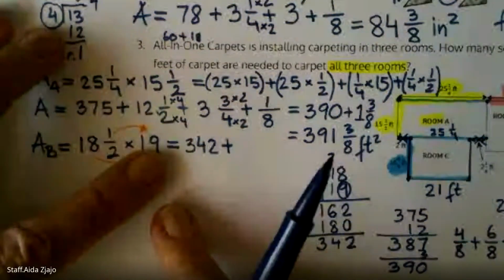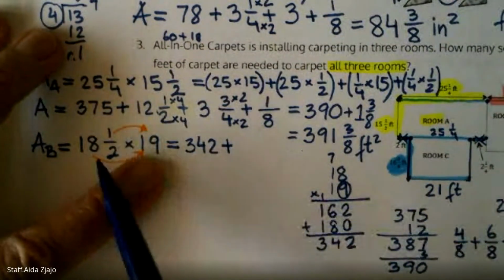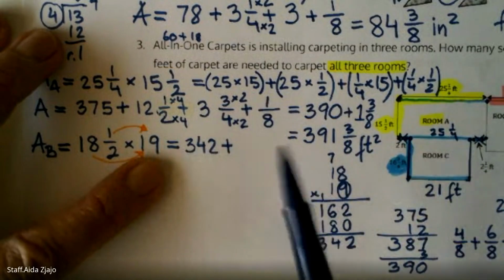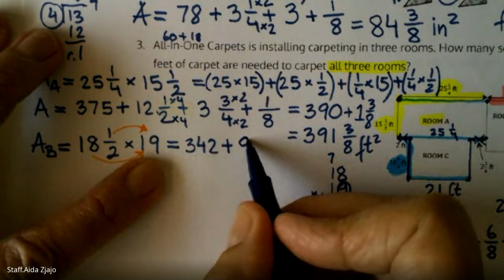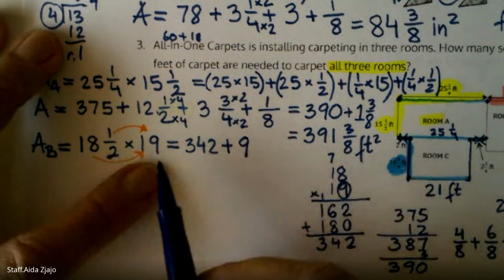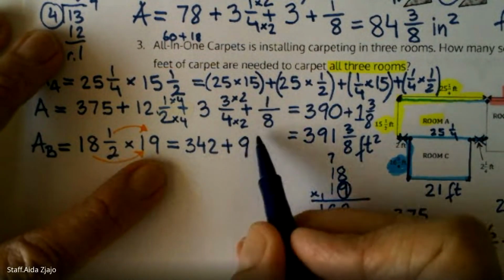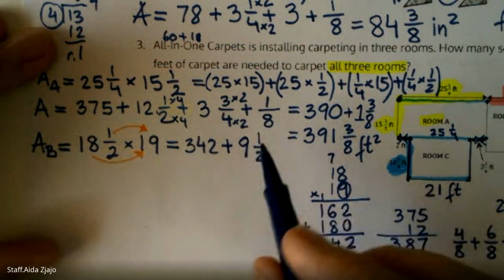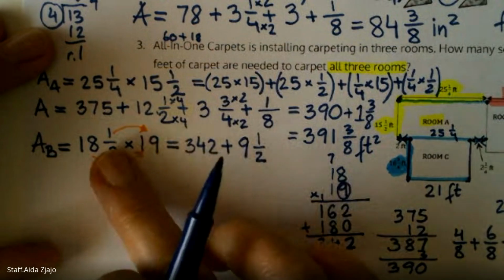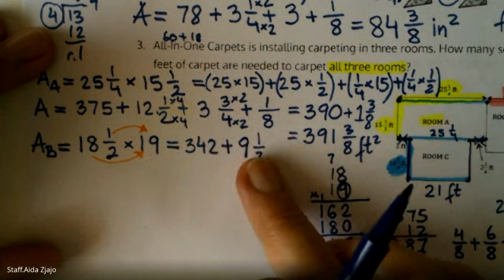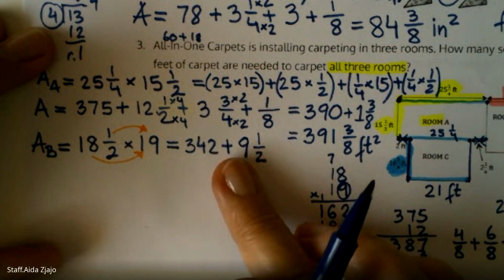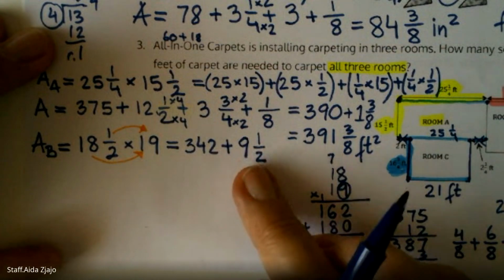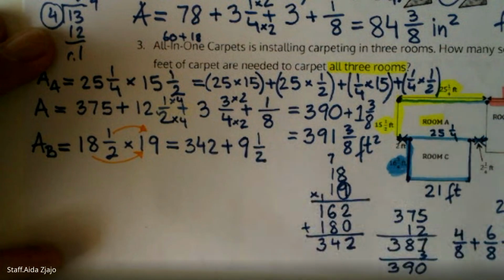If you think this to be 18, half of 18 is 9. And then half of 1 is half. So half of 19 is 9.5, because 9 plus 9 is 18, and half plus half is a whole, so that makes 19.